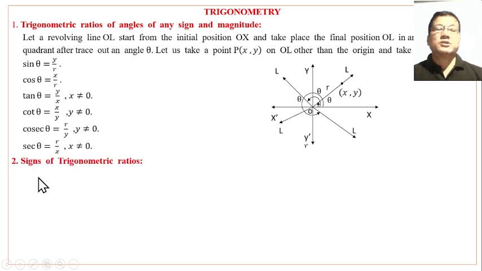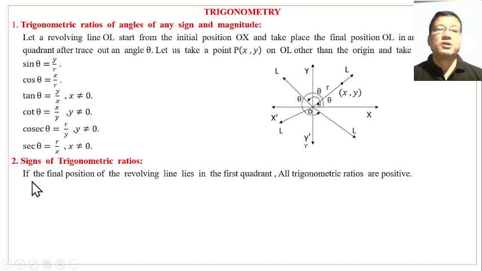Signs of trigonometric ratios. If the final position of the revolving line lies in the first quadrant, all trigonometric ratios are positive. When the final position of the revolving line is in the first quadrant, the angle theta is acute.